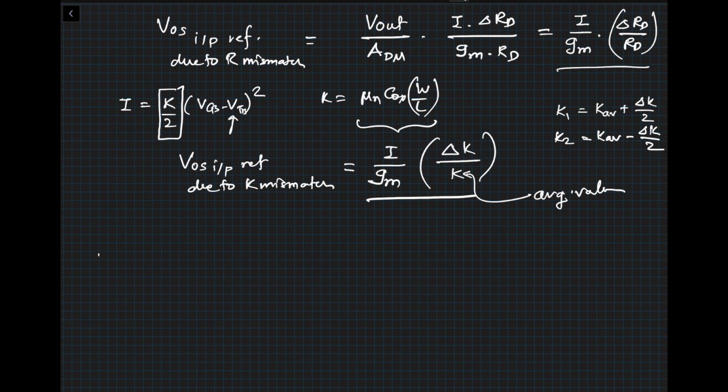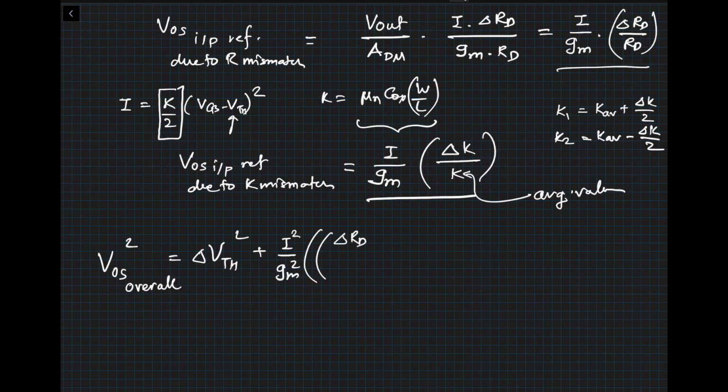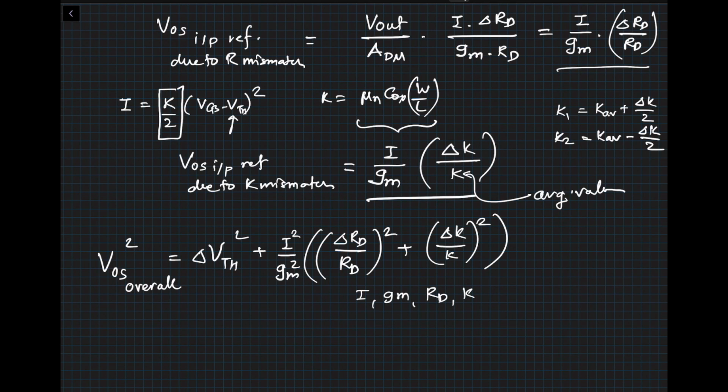So the VOS overall is equal to the square root of VTH square plus (I divided by GM) squared times, in the bracket, (delta RD divided by RD) square plus (delta K divided by K) square. Again, as I said, I, GM, RD, K, these are all average quantities. So this is the way you calculate the input referred offset for a MOSFET diff pair.